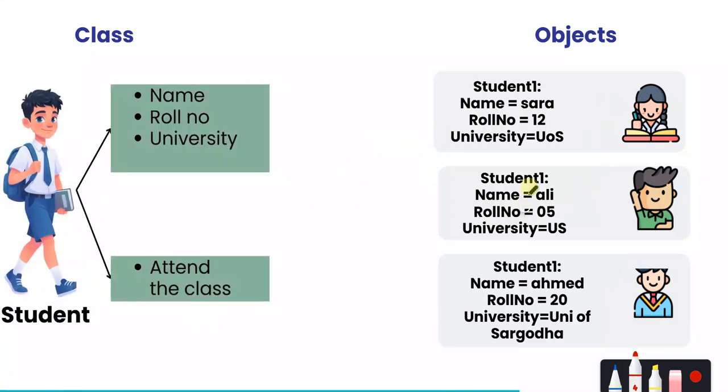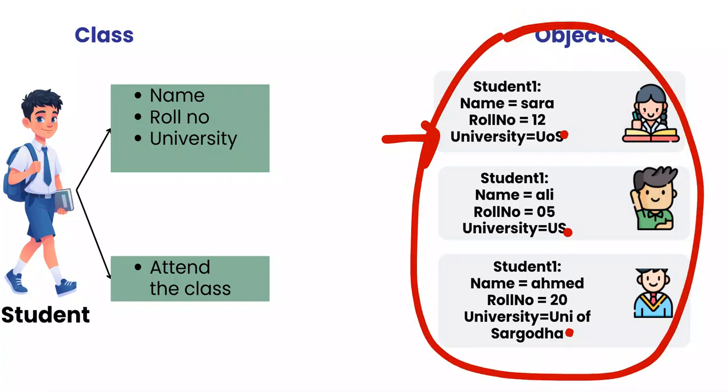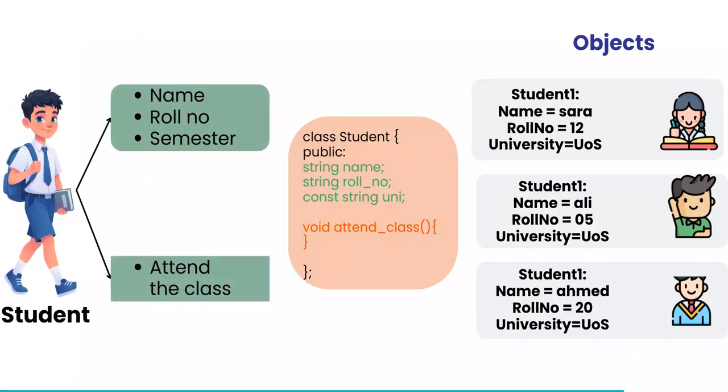They will not be allowed to use their own terminologies. As you can see over here, someone is writing UOS, someone is writing US, someone is writing Uni of Srigoda. So we will not allow this practice where anyone can write according to their requirement, or the object is changing it.